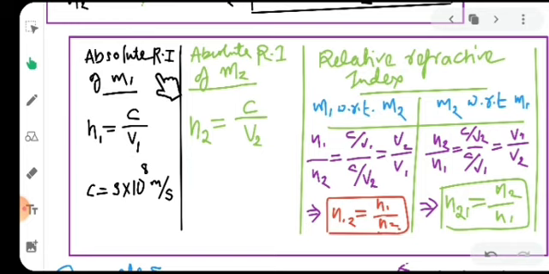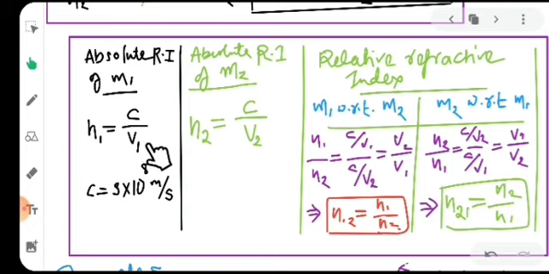Suppose you have a material 1 and another material 2, and you go on to define the absolute refractive index of material 1. It's as simple as this: refractive index of material 1, which is n subscript 1, equals the speed of light in vacuum, which is c, over the velocity in medium 1, which is v1.